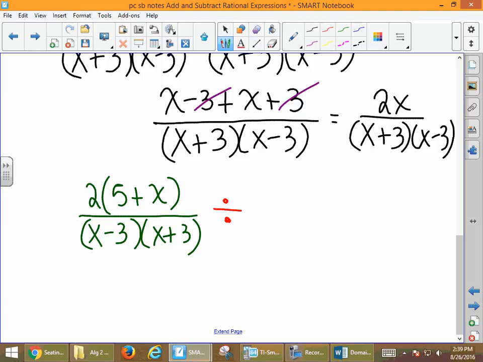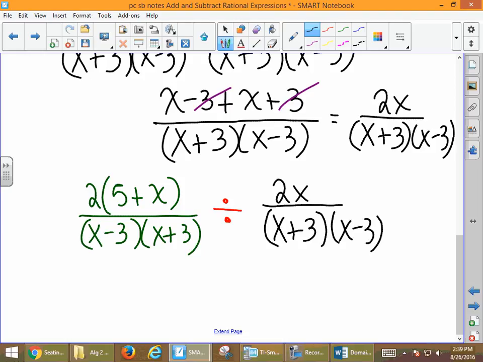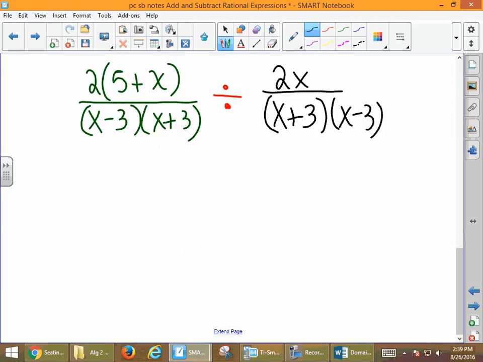And now what we're going to divide by is what we just found, which is the 2x divided by x plus 3 times x minus 3. Let me remind you, when dividing, don't ask why, flip the second one and multiply.